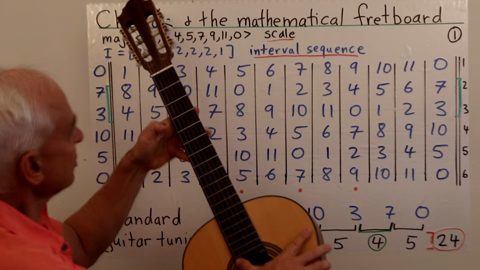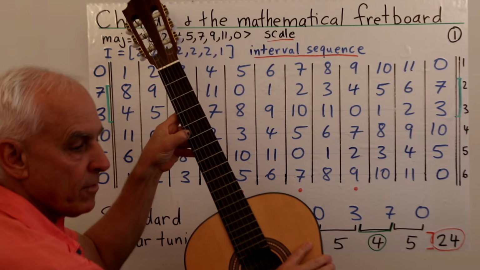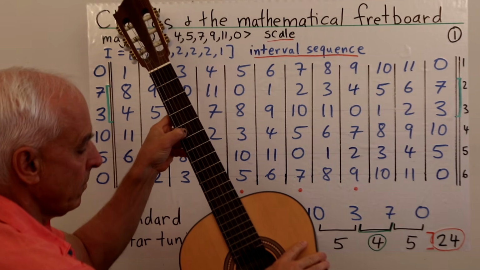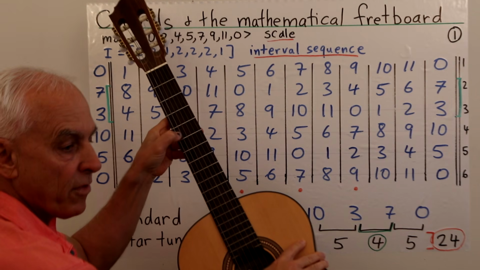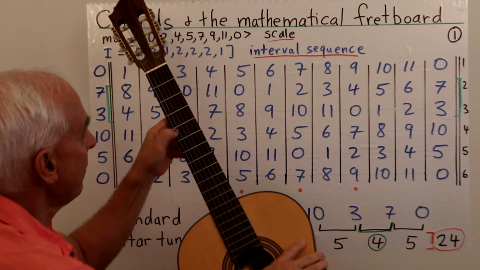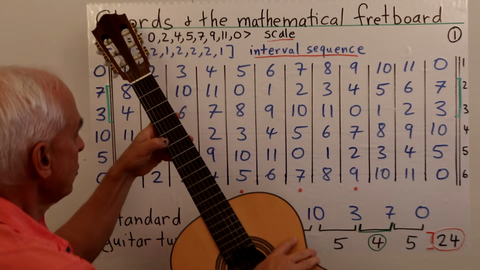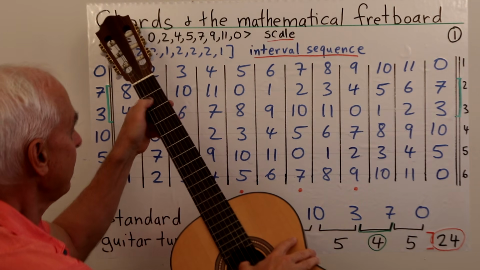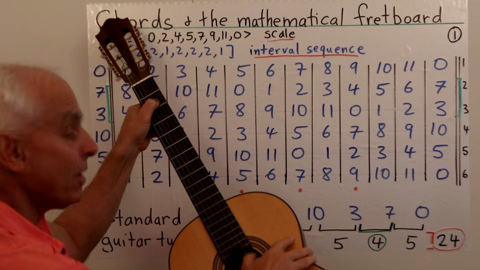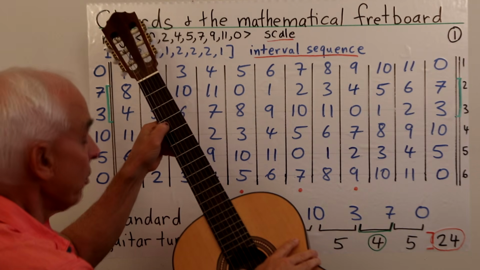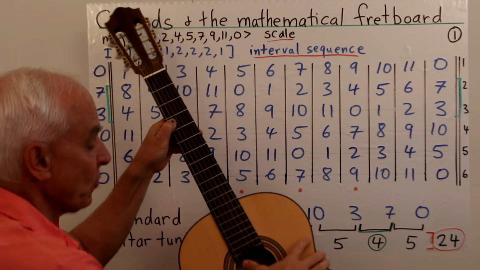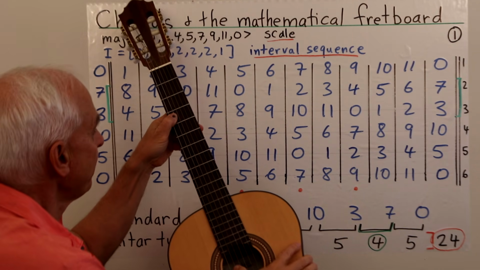Okay, so let's illustrate that. So okay, we'll start here. That's a perfect fourth or a five step. Do, mi, so, do. Okay, so it's do, mi, that's a major third or a four step.